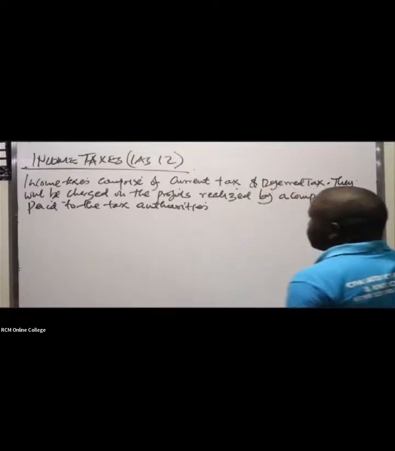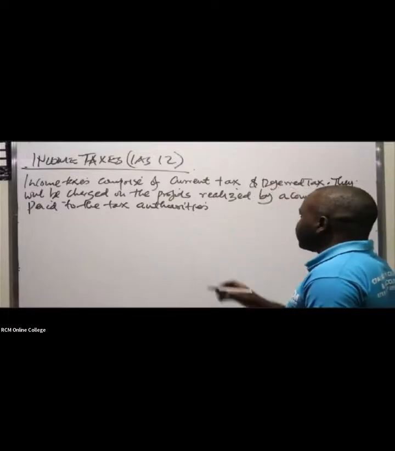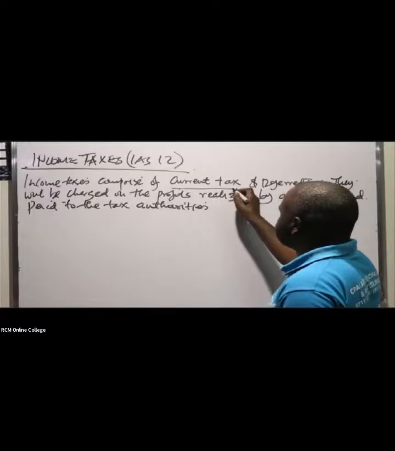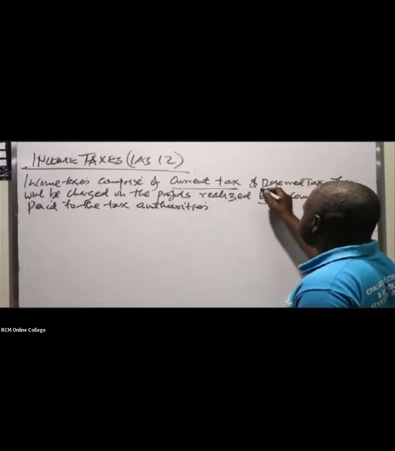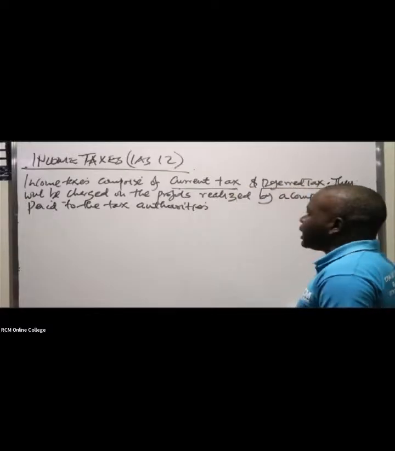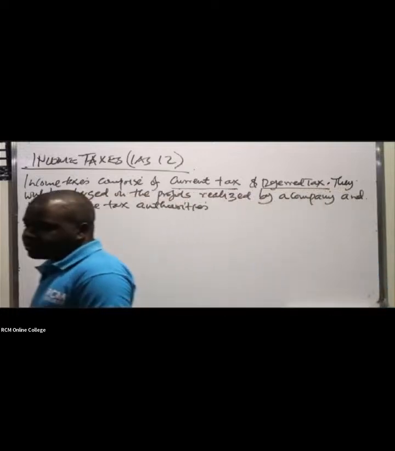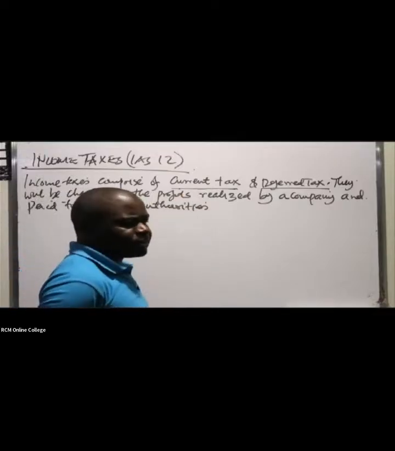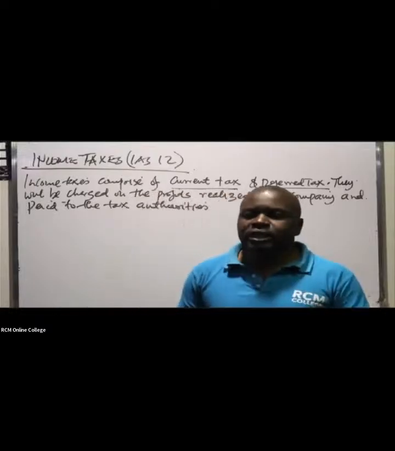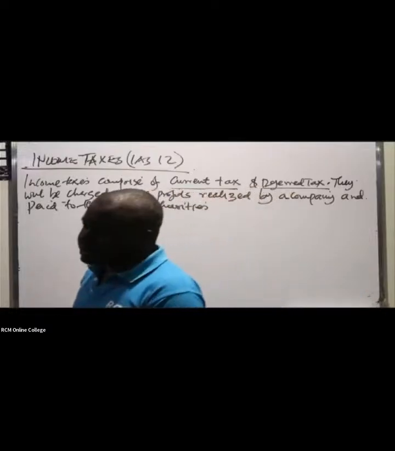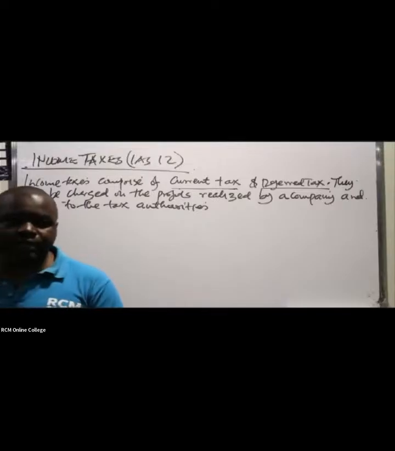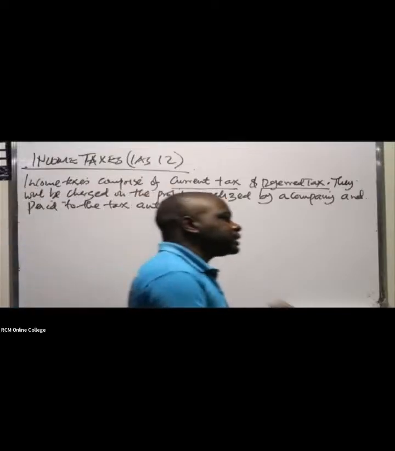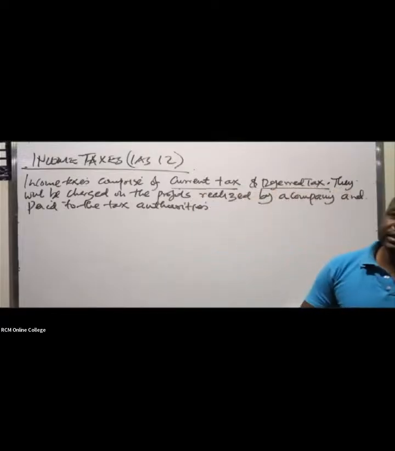So here you can see that there are two terms arising: current tax and deferred tax. From just the term current, something that is now, it is basically the tax for the current year, based on the profits for the current year, and it will be remitted currently.